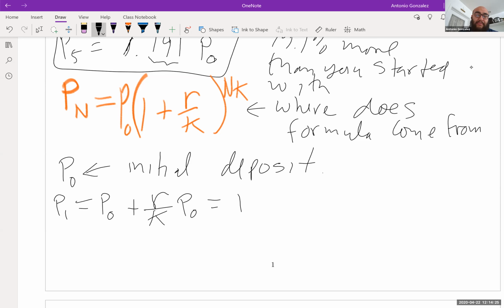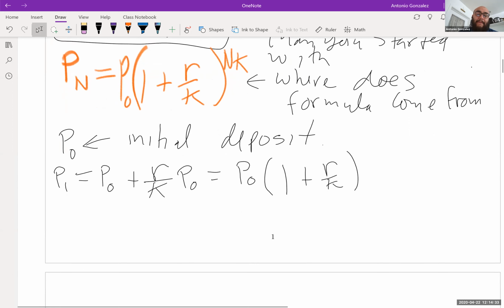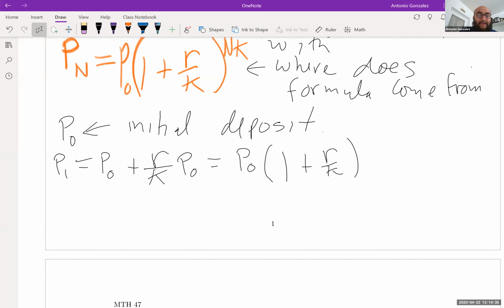Now, if we do some algebra here, we can factor out the P0. We get 1 plus R over K. And following this same idea, how much would you have in the next compounding period?